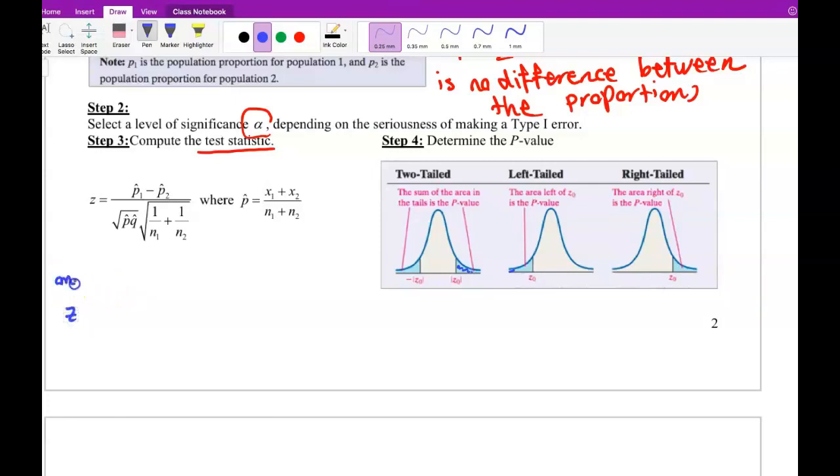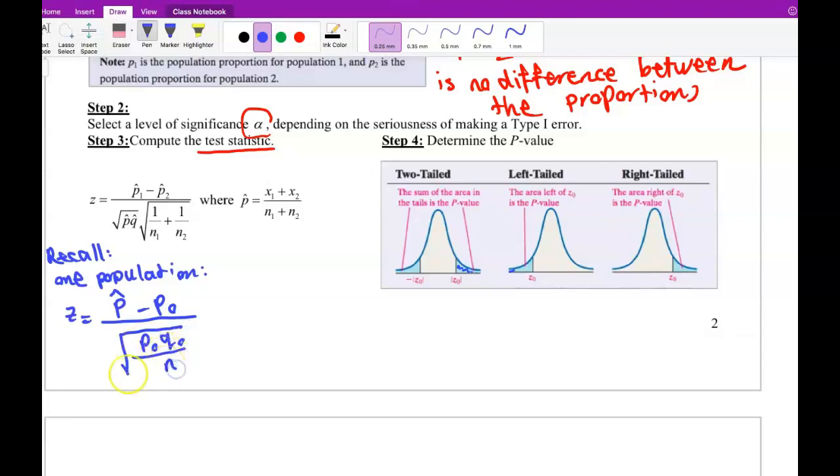So for one population, recall Z was equal to P hat minus some value, divided by the square root of P times Q divided by N. So this P0 is the value of the population proportion.